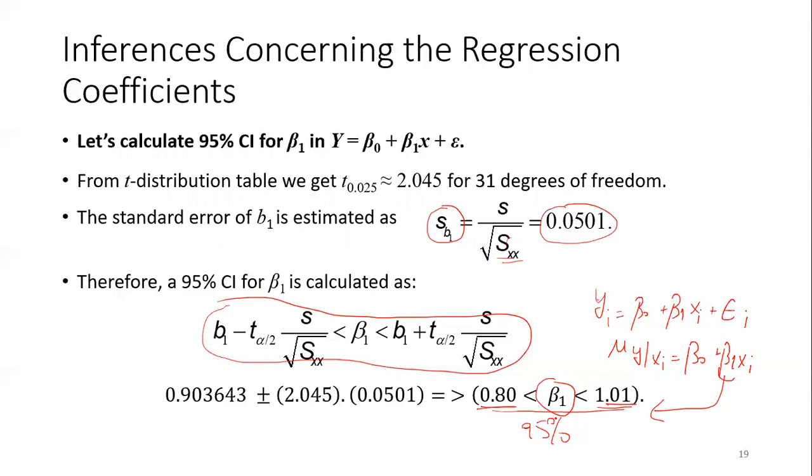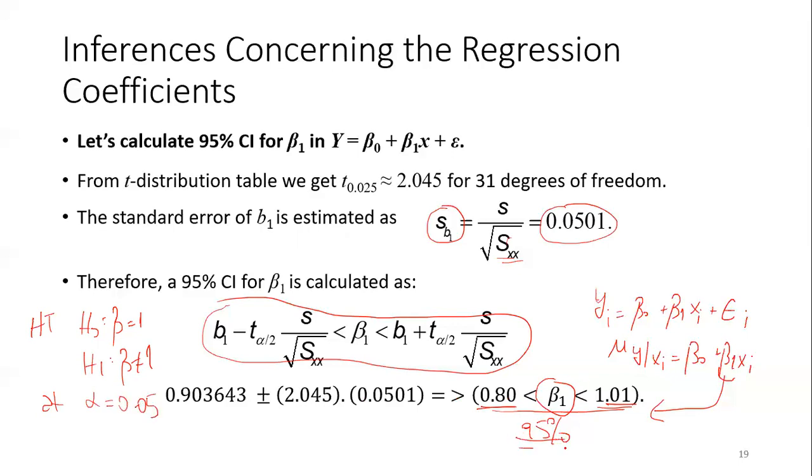So for example, if you make a hypothesis test, remember, we keep saying confidence intervals and hypothesis tests are equivalent to each other. Say H0: beta 1 is equal to 1 versus H1: beta 1 is not equal to 1, using the same alpha level, alpha equal to 0.05.